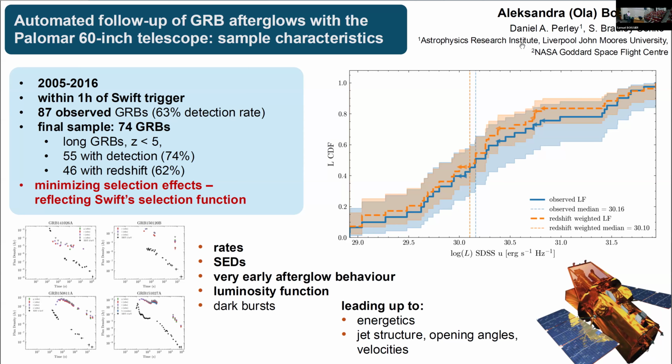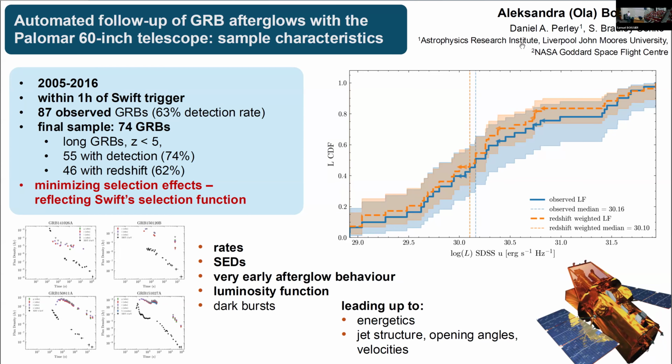We focus on calculating rates and basic characteristics of the afterglows. We can probe very early afterglow behavior, so we can see the plots of optical and XRT joint light curves here. We characterize decay and spectral indices distributions, but we also characterize variability rates of the afterglows.